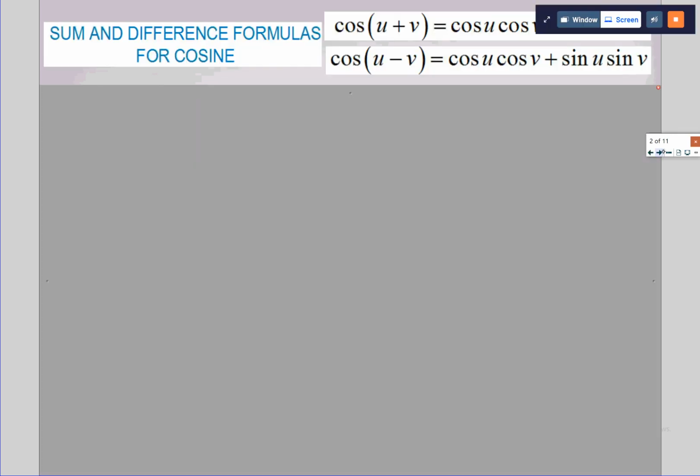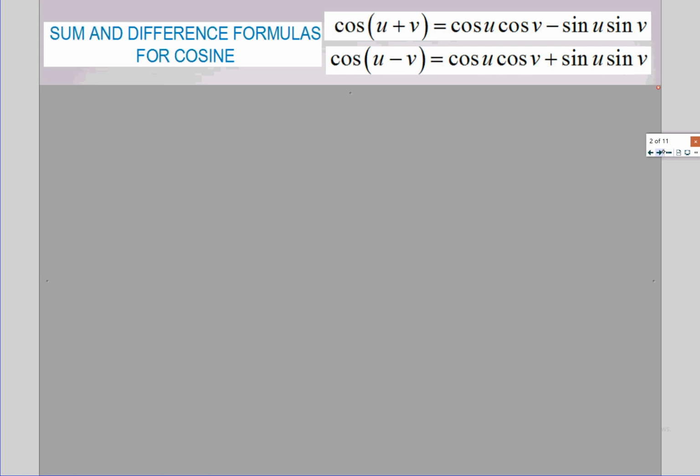All right, so we're going to start with the sum and difference identities for cosine. How these identities work is, let's say I asked you to find the exact value of cosine 15 degrees. 15 degrees is not on your unit circle. We've got 30, 45, 60, going all the way up or down, but 15 is something we jump over as we go around the unit circle.